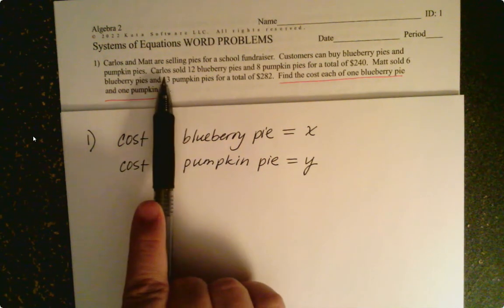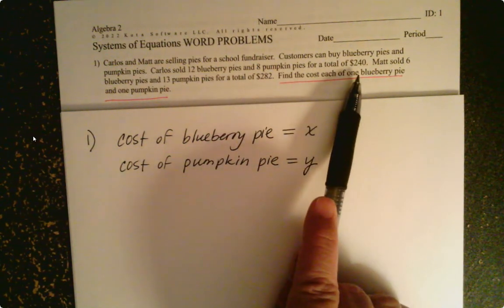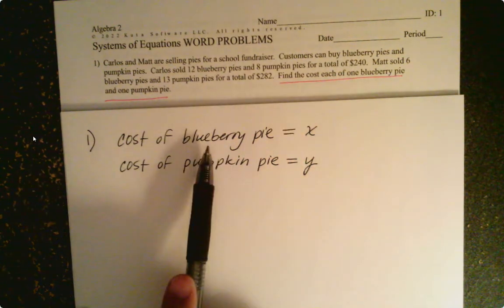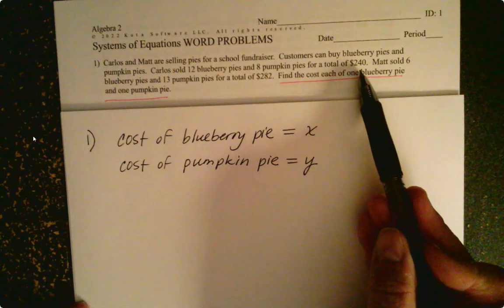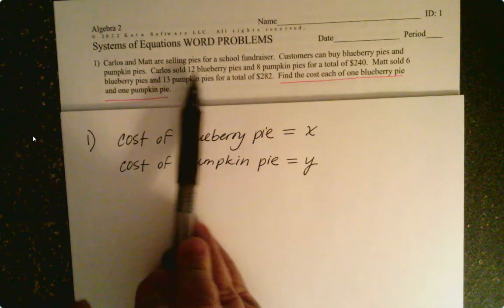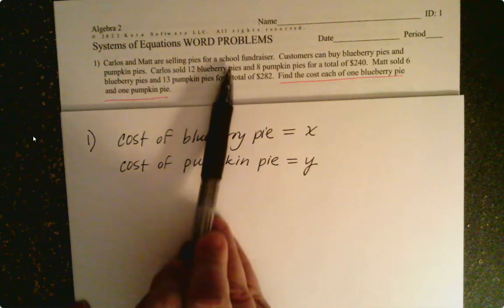So this sentence: Carlos sold 12 blueberry pies and 8 pumpkin pies for a total of $240. That's an equation. Talking about what Carlos did, he sold 12 of the blueberry pies and 8 of the pumpkin pies, and this gives us the total amount of money he raised. Well, if we knew how much each blueberry pie cost, then we could do 12 times that amount and know how much money he raised selling blueberry pies.